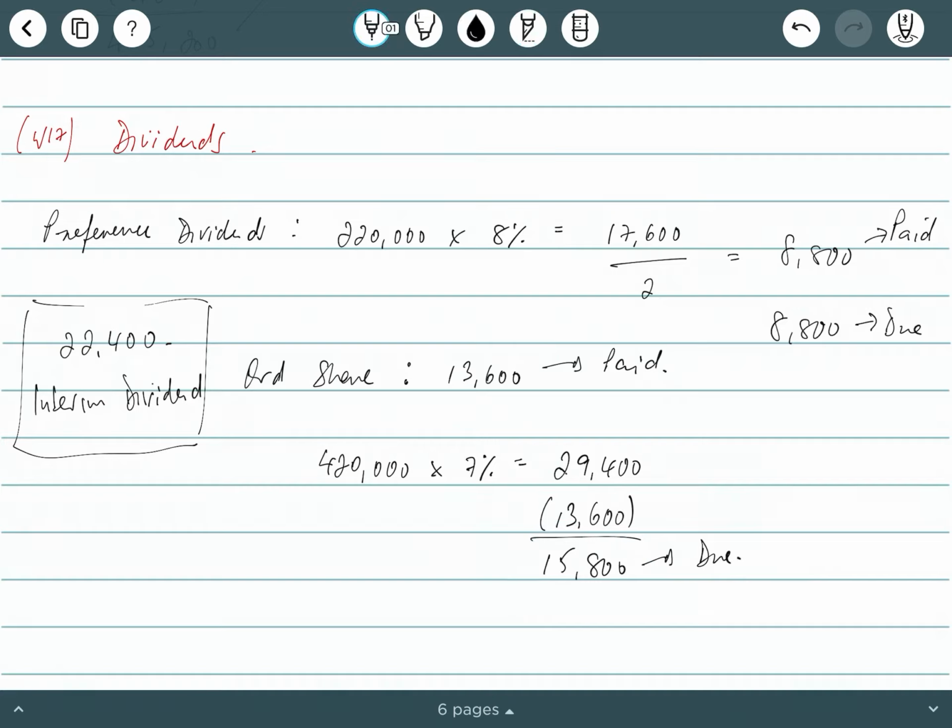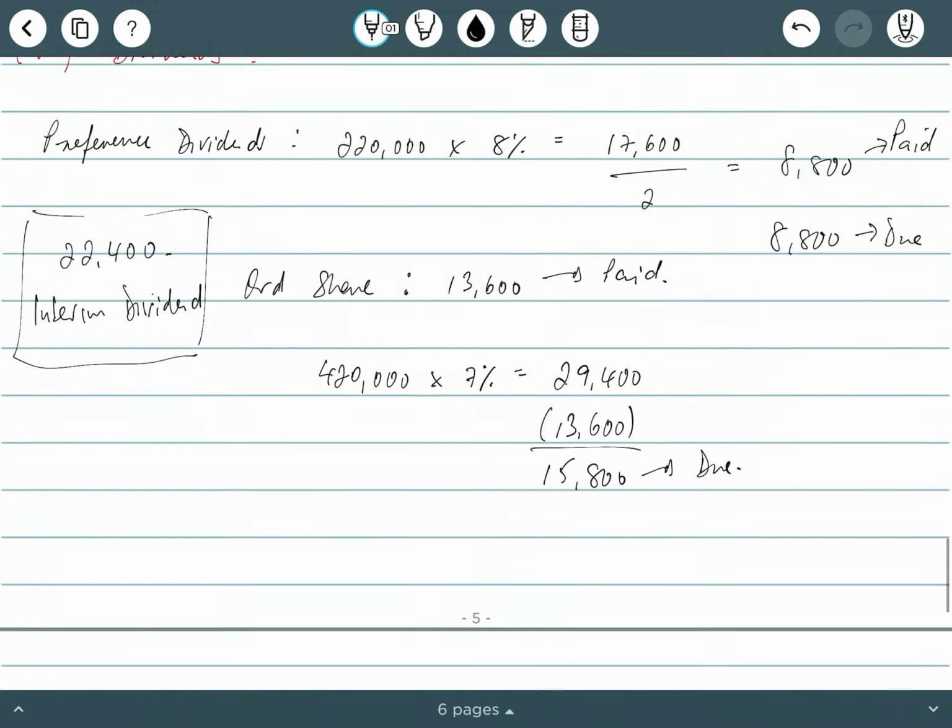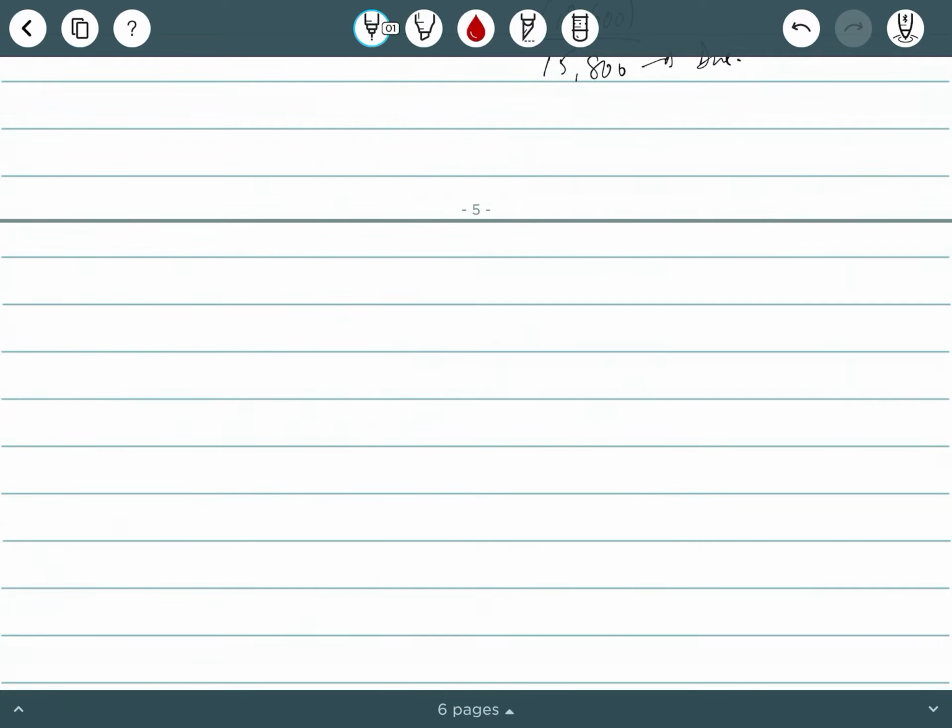Now we're nearly there. All we have to do is take care of the debenture and our provision for bad debts. So working 18, debenture interest. Really straightforward, boys. Be careful now because there was an increase after 3 months.